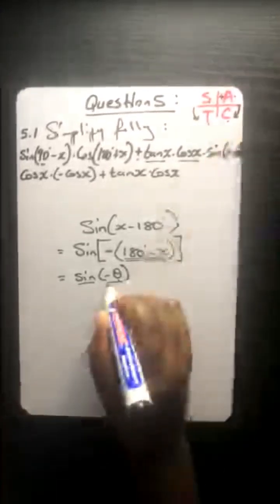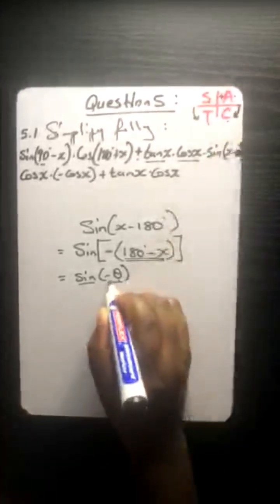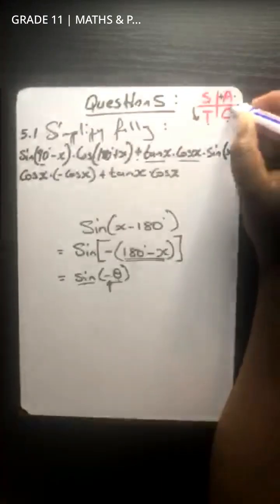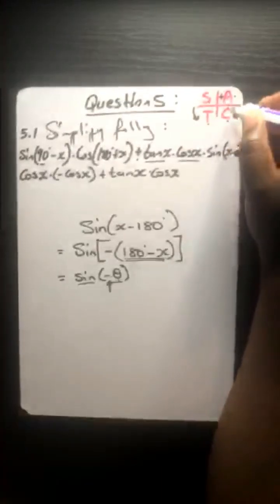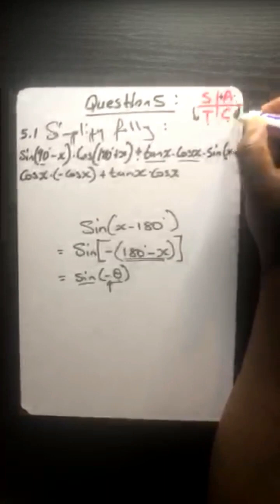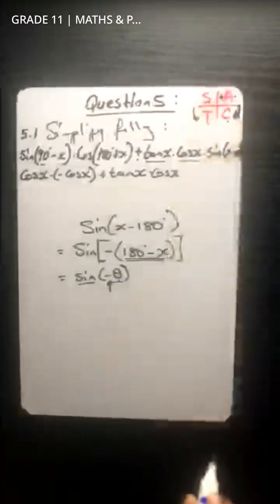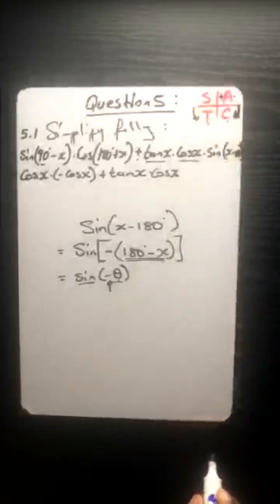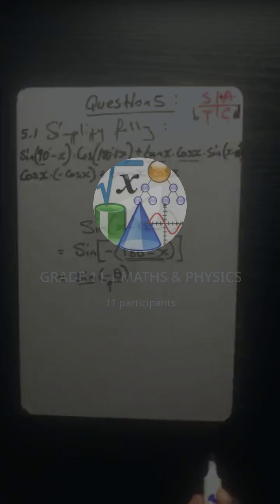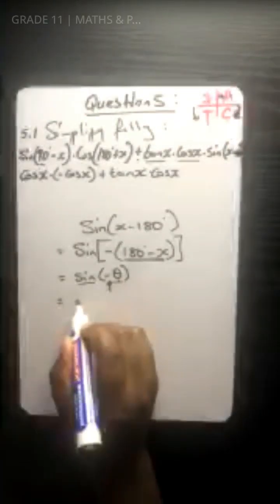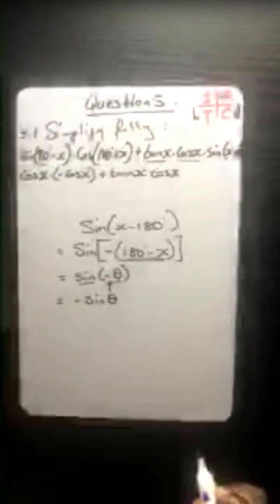So it's more like a negative angle, an angle in a clockwise direction, and it takes you into the fourth quadrant. Then you ask, in the fourth quadrant, is sine positive or negative? In this quadrant, sine is negative. So you are going to have negative sine of an angle.